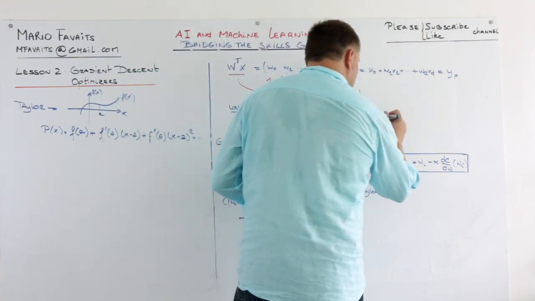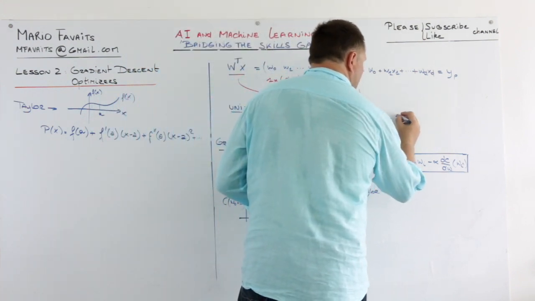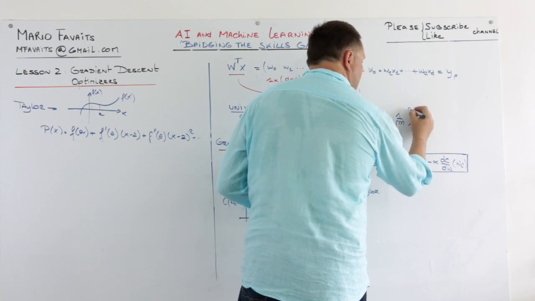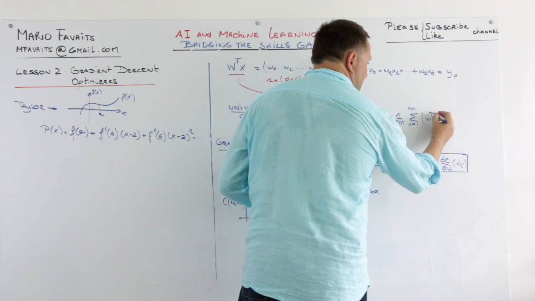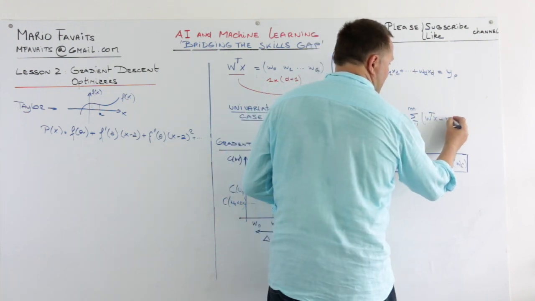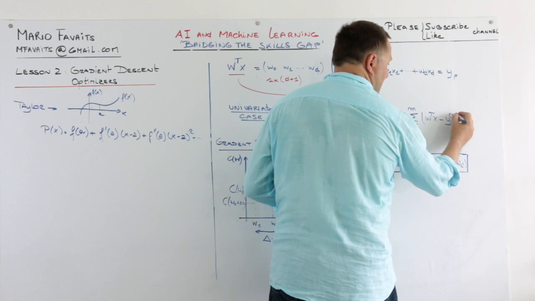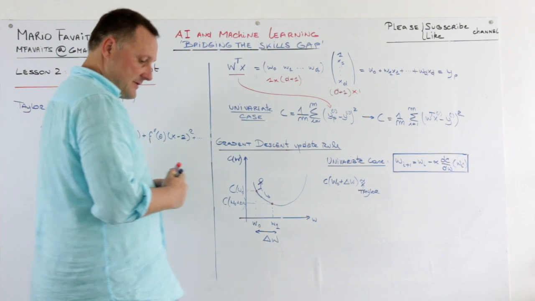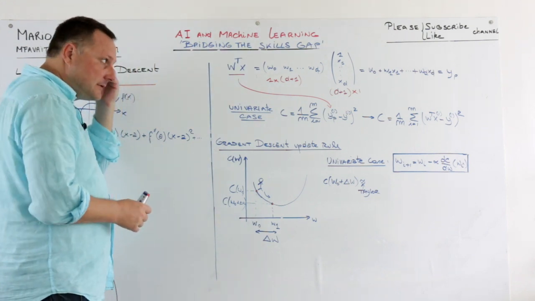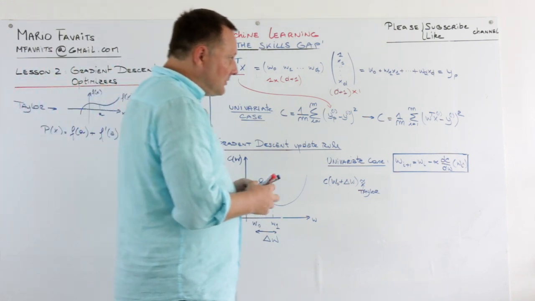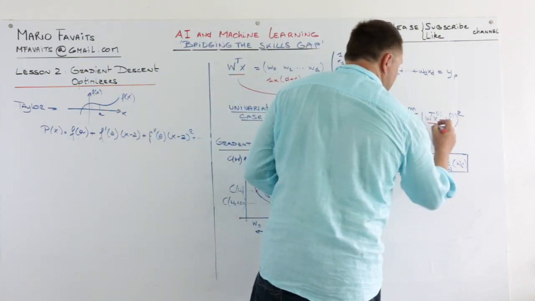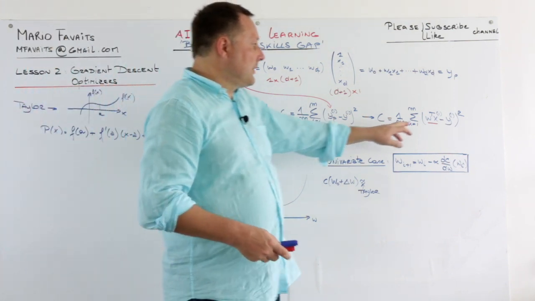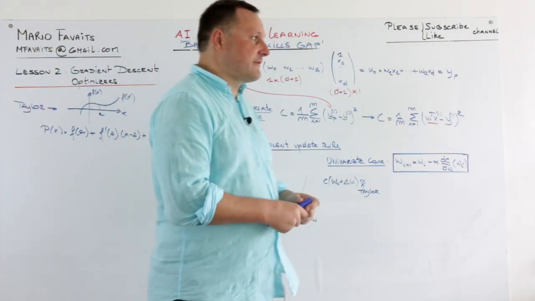So the cost function equals 1 over m, and then the sum of i is 1 to m of W transpose X minus y i, and then we square. This is of course also for sample number i. Not too different from the univariate case, it's just that now we deal with vectors. W is the weight vector and X is the feature vector.